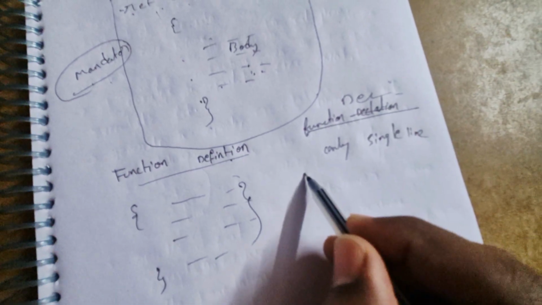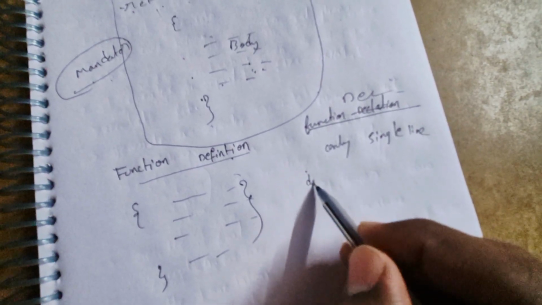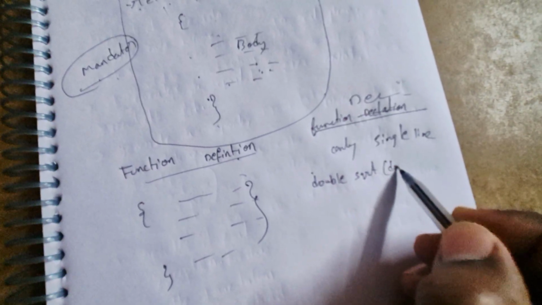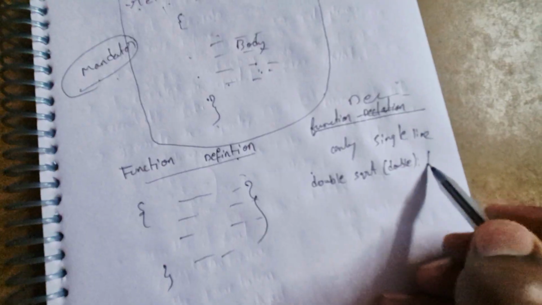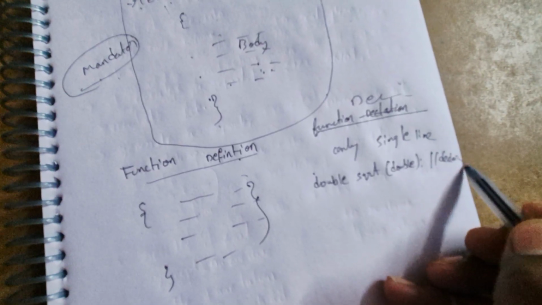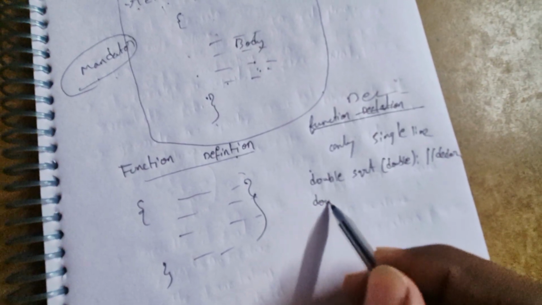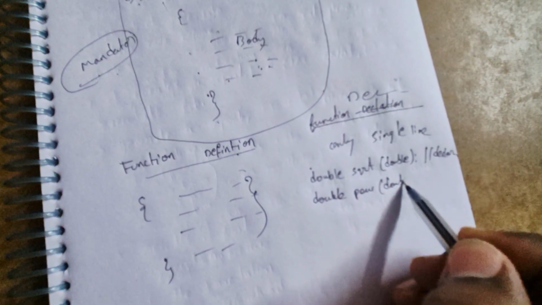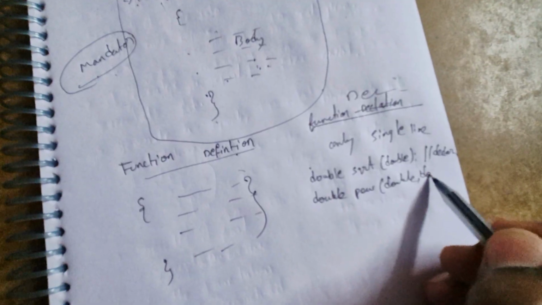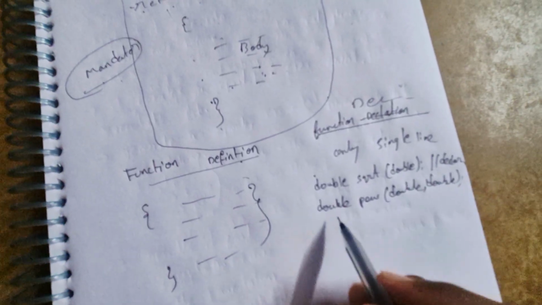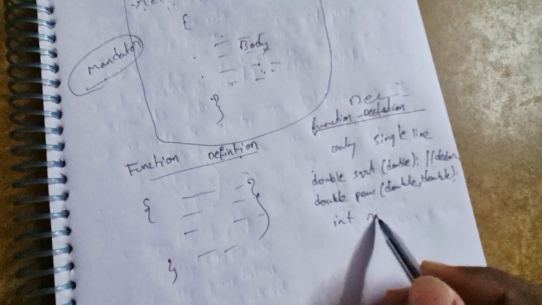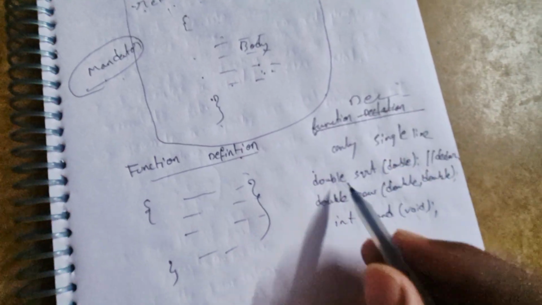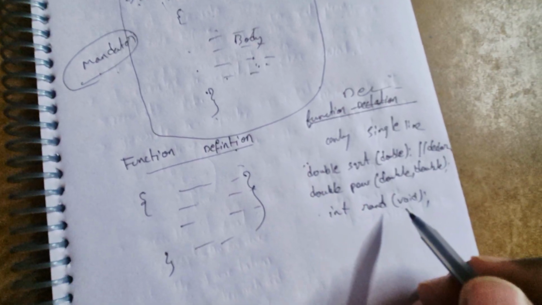For example, double sqrt(double), or double pow(double, double), or int rand(void). These are all function declarations.